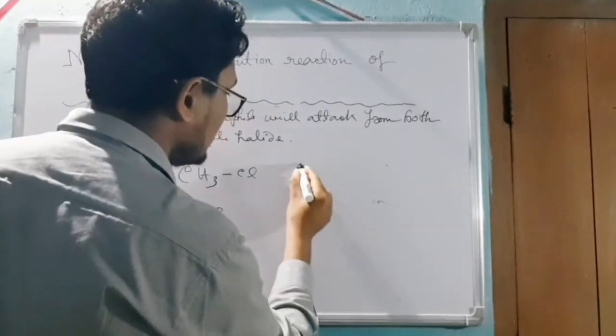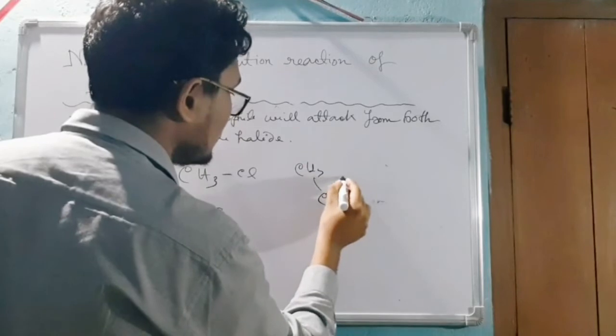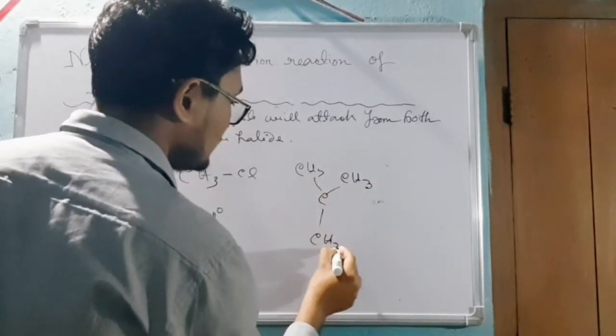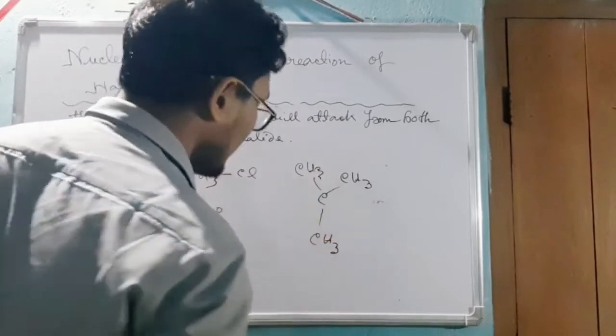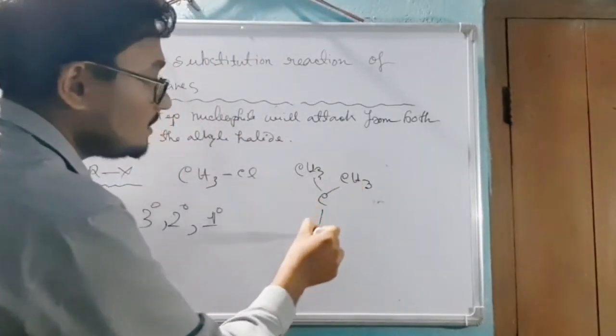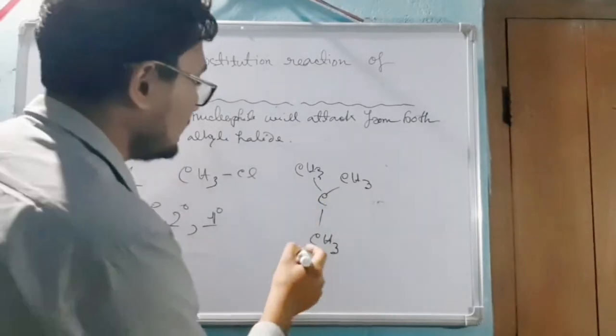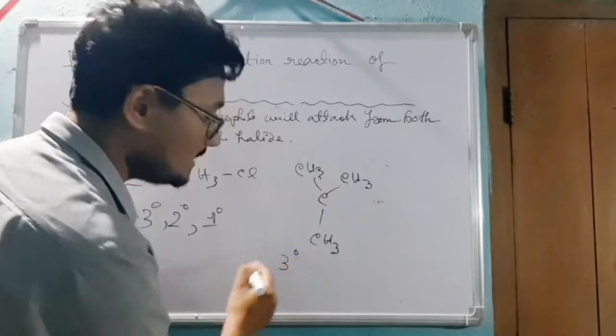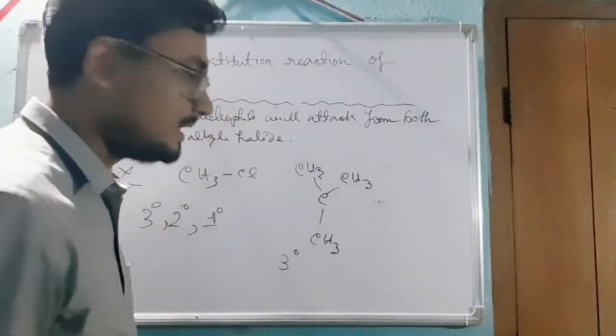This is C, this is CH3, this is also CH3 and this is also CH3. This carbon is attached to three carbons, so it is 3 degree.